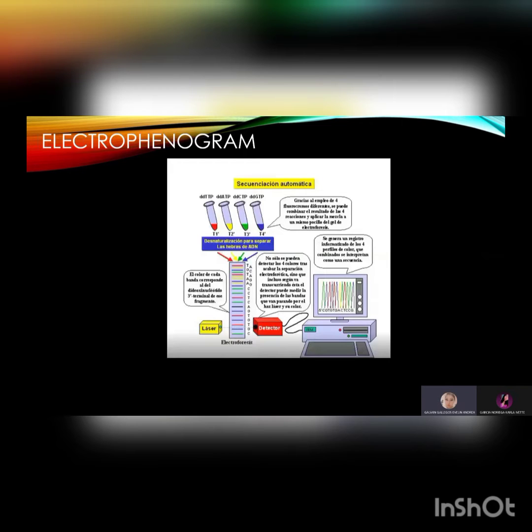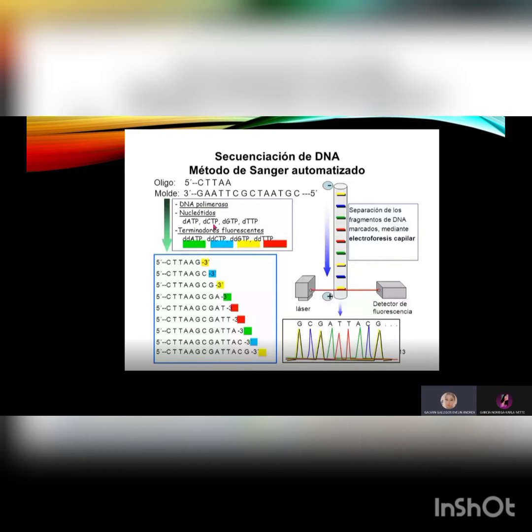Capillary electrophoresis is the technique used for mass sequencing. The sequencers detect light emissions, and each base is marked with a different color by fluorescent detectors. In an electropherogram, at the beginning or at the ends, it's always normal to have overlapped peaks.